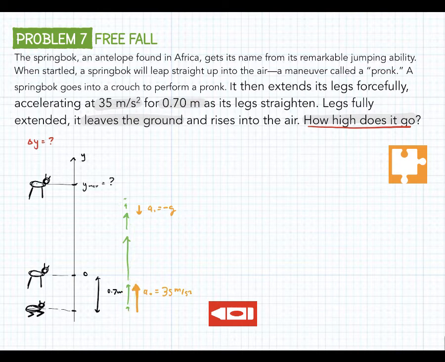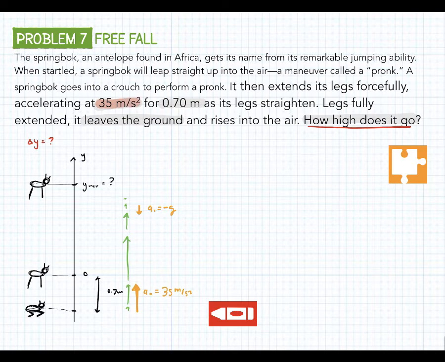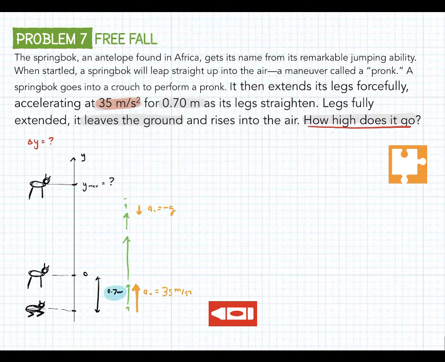Now we've figured out here's our acceleration, that's this, and here's our distance, that's this. Then it leaves the ground and rises into the air. That's our 0 point.